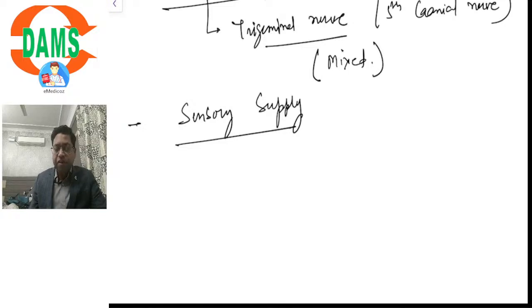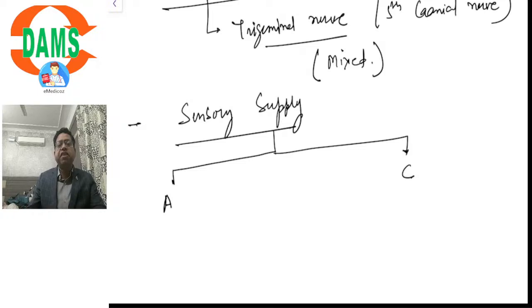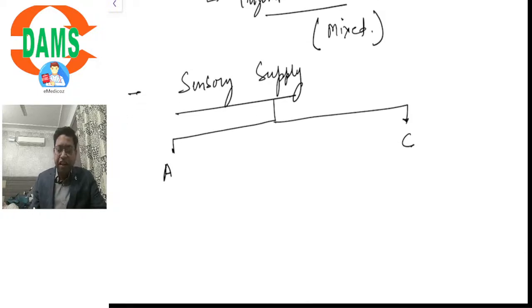The sensory nerve supply of the pulp consists of two types of fibers. They are the A fibers and the C fibers. Different categories of sensory nerve fibers are there: A, B, C, etc. So the pulp sensory supply consists of A fibers and C fibers. A fibers are the myelinated fibers.